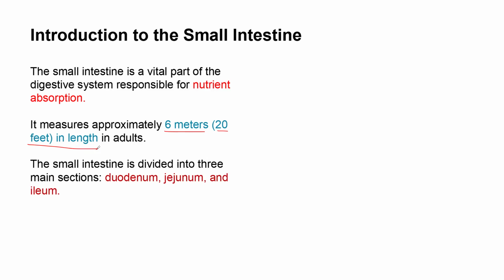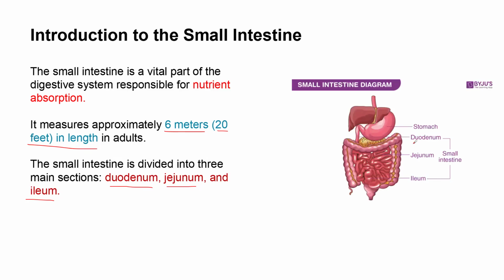In addition, the small intestine is divided into three main sections, which include the duodenum, jejunum, and the ileum. As we can see from the diagram, this is the small intestine, and the duodenum is here.